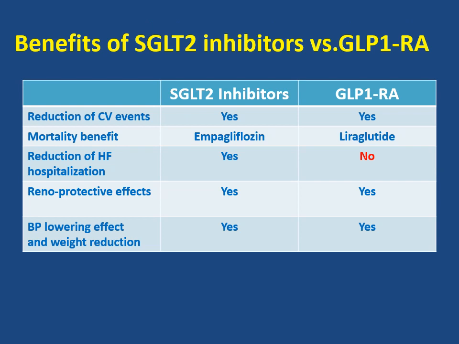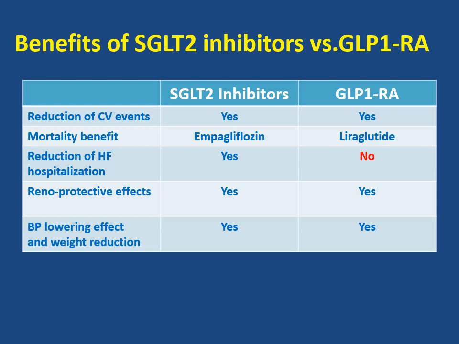What are the benefits of the sodium glucose cotransporter 2 inhibitor versus the glucagon-like peptide 1 receptor agonist? Both can reduce the cardiovascular events. Both have renoprotective effects. Both have a blood pressure lowering effect as well as a weight reduction effect.